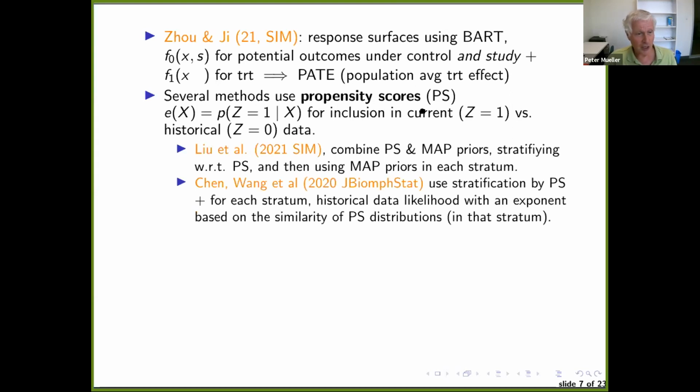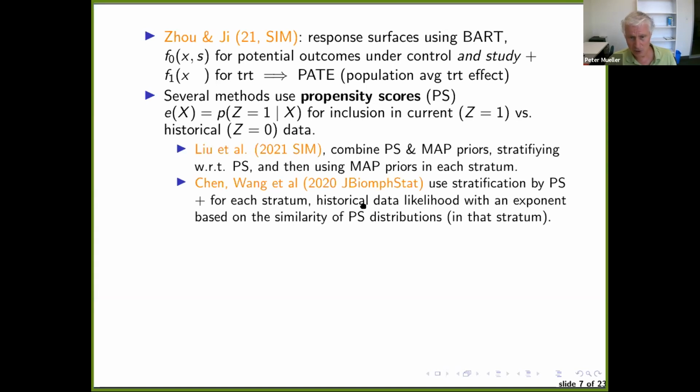Here's Chen and Wang, different Chen than Minghui Chen from Ibrahim and Chen, and others from Johns Hopkins, who also use stratification by propensity score. Then instead of an MAP prior, they use a variation of a power prior, where the exponent is based on, a particularly clever twist, that fractional exponent in the power prior, they base on the similarity of the distribution of propensity scores in that stratum between historical data and current data.